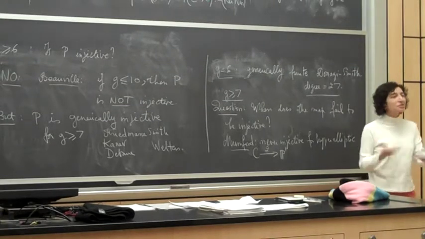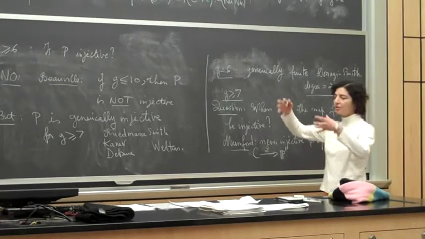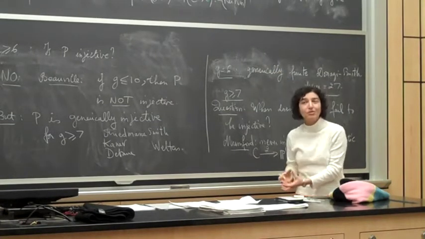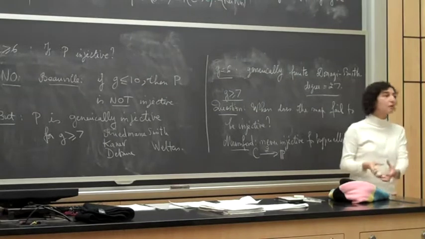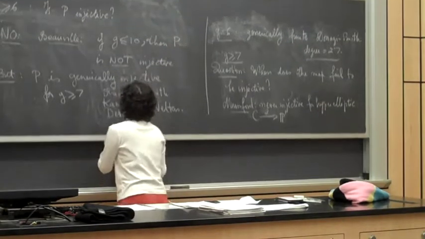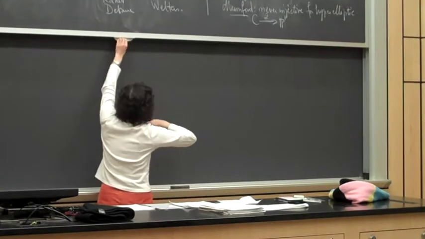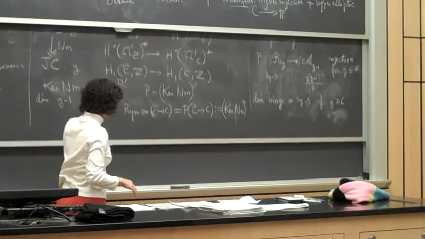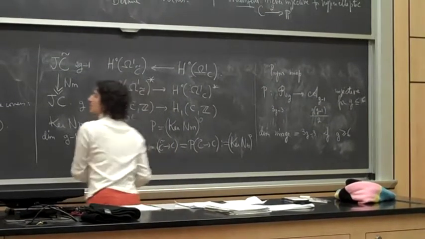So again, for dimension reasons, basically, because you're going from a hyperelliptic locus of higher genus to a hyperelliptic locus of lower genus, it cannot be injective. Okay, but that situation is completely understood because Mumford described it. So we're going to assume now that the curve is not hyperelliptic.